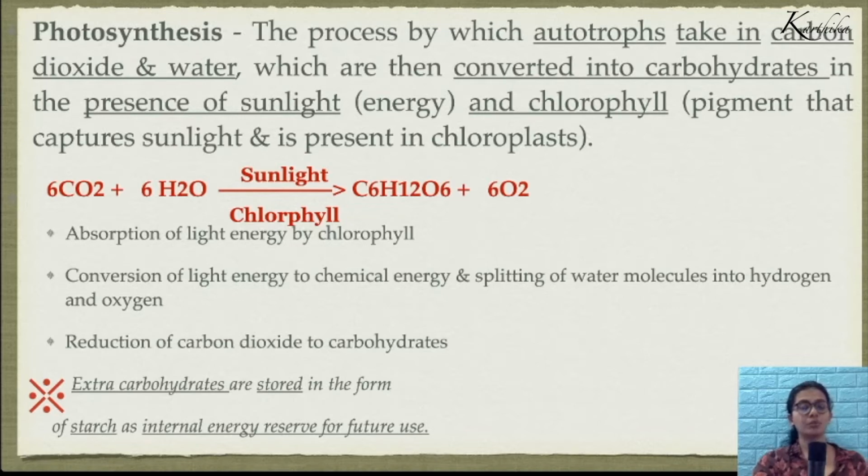Now, how many of you remember we learnt in class 9, in the chapter Fundamental Unit of Life, that starch is stored in certain locations inside the plant cell? Can you remember which organelle that is? It is located in a certain kind of plastid called amyloplast. So amyloplasts inside plant cells store extra carbohydrates in the form of starch.